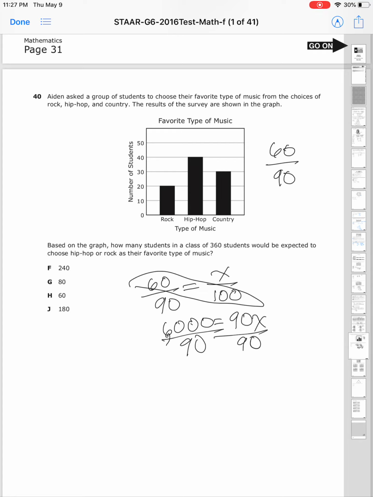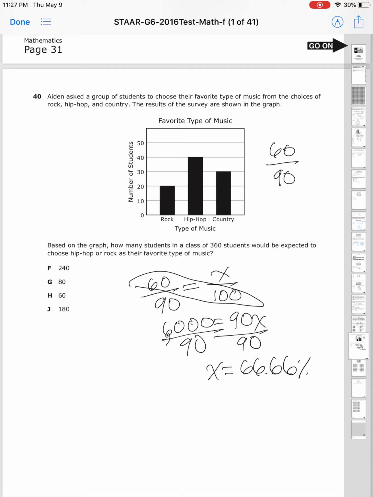That leaves me with 66.66%. That is my percentage for people that like rock and hip hop. But that's only for 90 people.